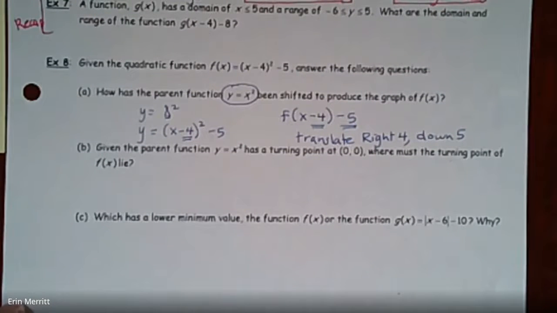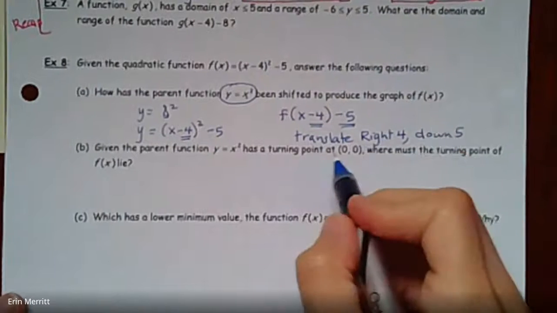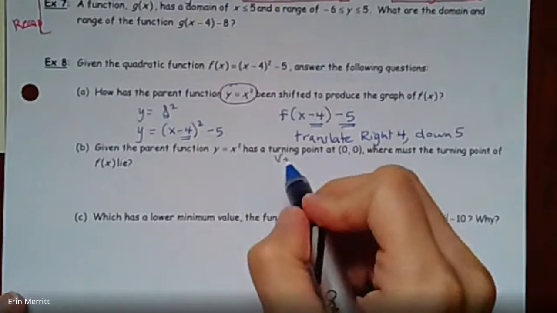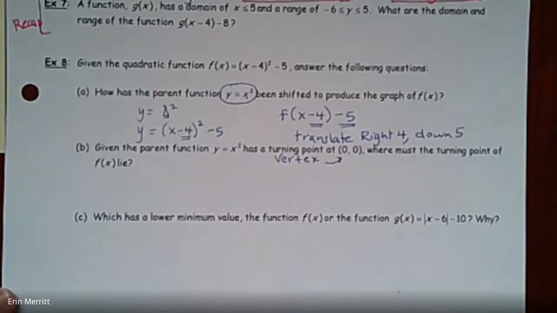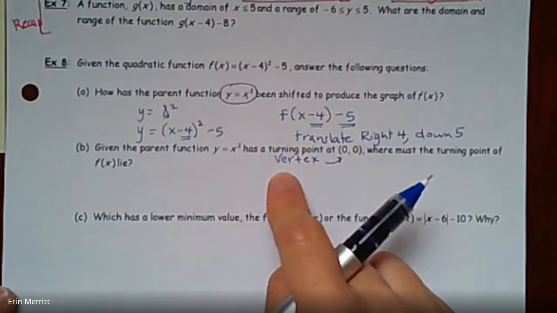All right, given the parent function y equals x squared has a turning point, and for whatever reason I don't love that term, so a vertex at 0, 0. Where must the turning point or the vertex of the new function lie? Oh, I just realized that I called it f of x. That's okay.